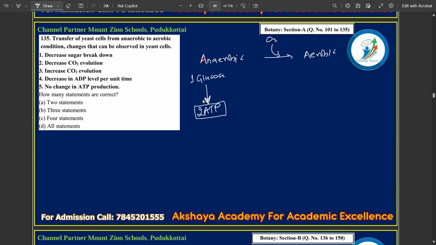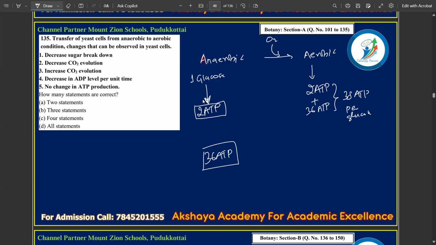But if you consider aerobic respiration, there are 2 ATP from glycolysis and then 36 ATP from the mitochondria. So in total, 38 ATP can be generated per glucose molecule. Since they are generating so much ATP, utilization of sugar will be less. Let me tell you how. Say the yeast needs 36 ATP for running a process.